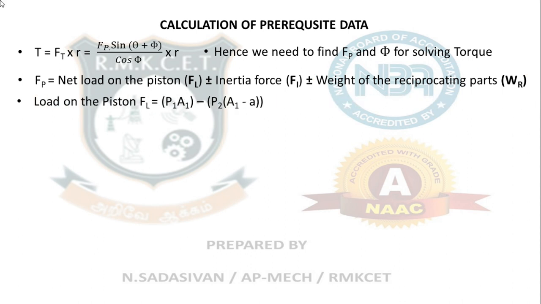For a double acting cylinder, load on the piston formula is P1 A1 minus P2 into A1 minus a, where this small a represents the area of the connecting rod, because that much area is not available for the steam pressure to act. The small a represents the area of the connecting rod which is not available.